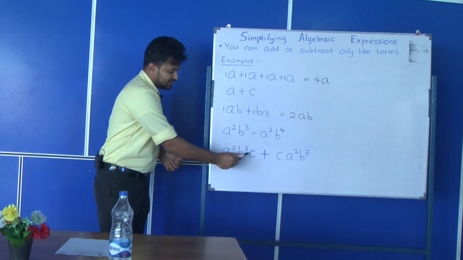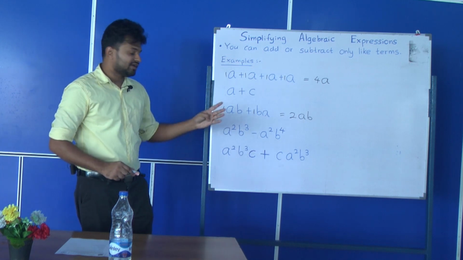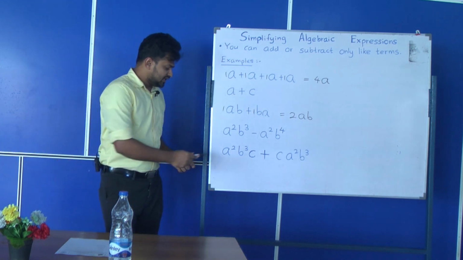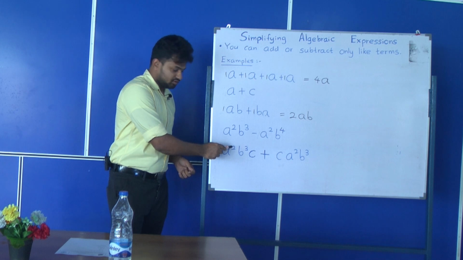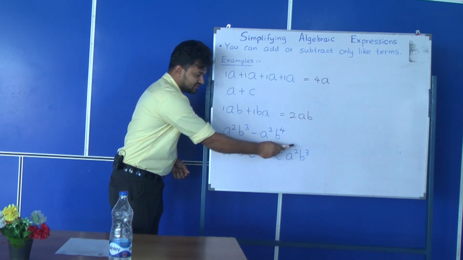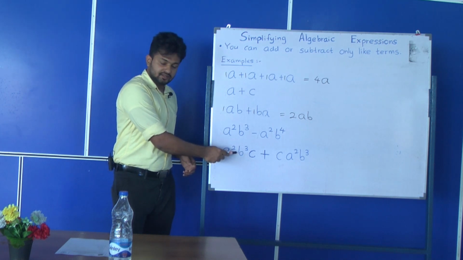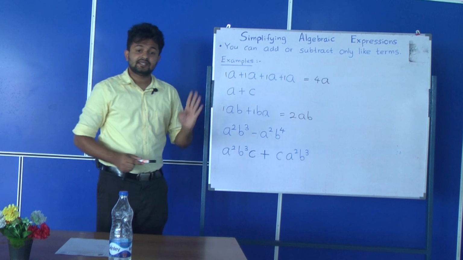And look at the last example. You have 3 letters here in both the terms. You have A letter, B letter and C letter. Let's look at the power of A. The power of A is 2 here, and the power of A is 2 there. So that's the same. Then look at the power of B. The power of B is 3 here and 3 there.